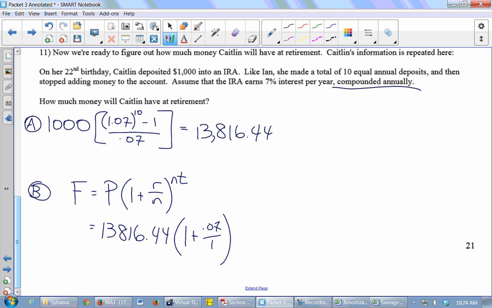Now, how many years is this going to grow for? 33 years. So I invested from my 22nd to my 31st birthday. That's 10 total investments. And then the time from 31 to 64 is 33 years. Technically it starts at 32nd, because you already invested.